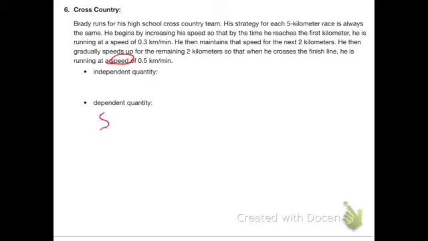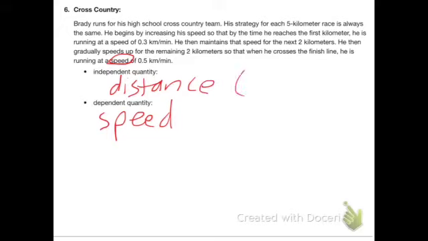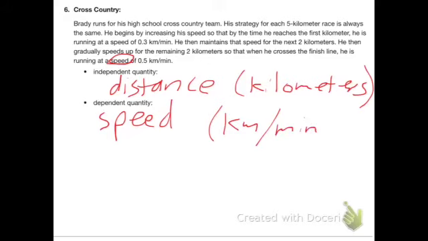So the dependent quantity in this case would be speed, and it's going to change depending on his distance. His distance he measures in kilometers, and his speed is being measured in kilometers per minute. Okay? So there you go. There's all 6.